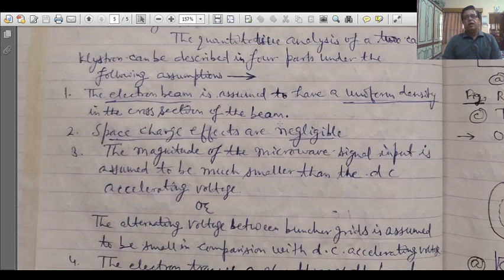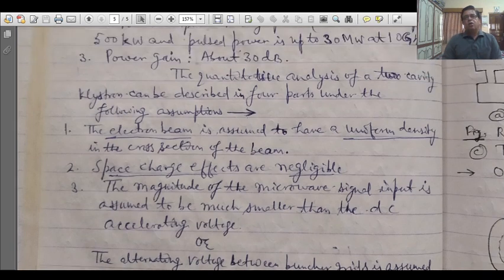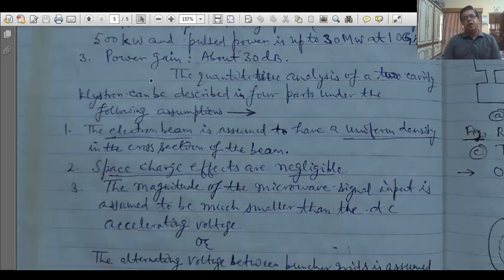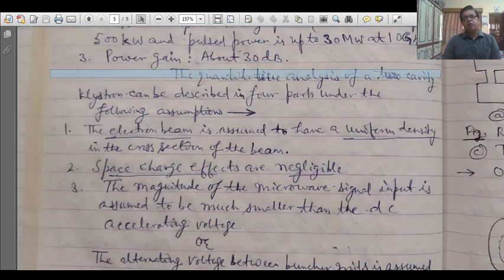And at last, we need some assumptions for the klystron also. In the whole theory, some assumptions are necessary, and due to these assumptions there are some restrictions or limitations of the klystron. So put this part at the beginning of your answer.